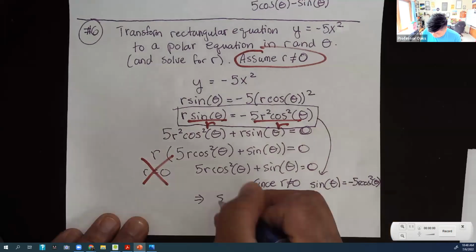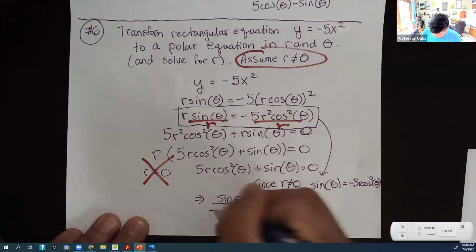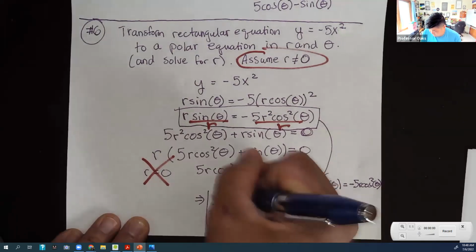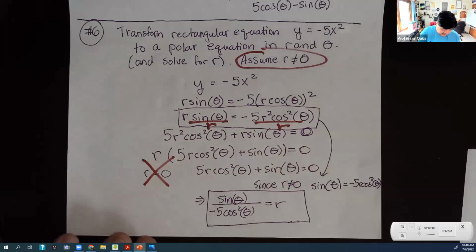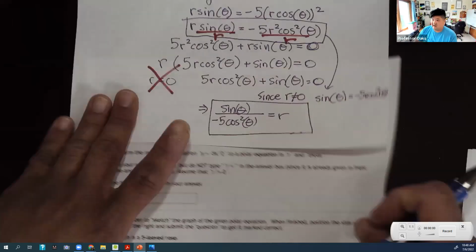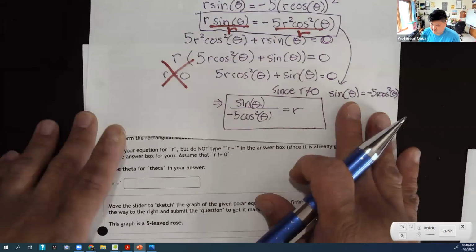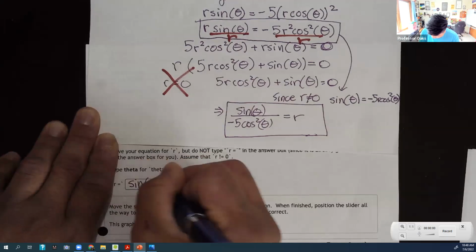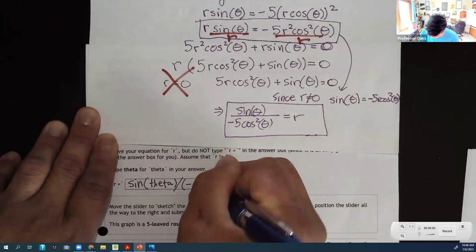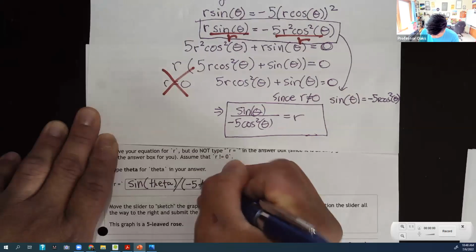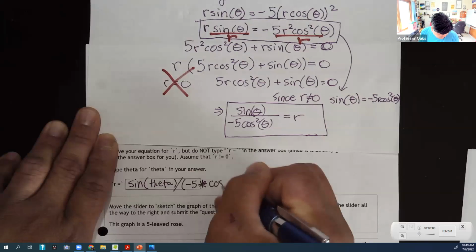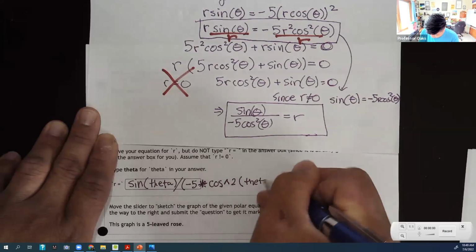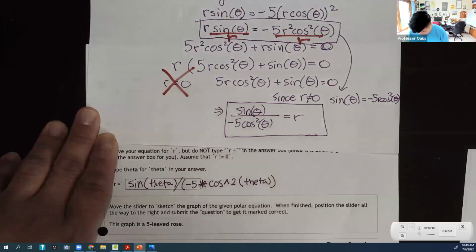So sine of theta over -5 cosine squared theta is equal to r, and that would be your answer. You can simplify that using identities if you want, but I would probably just leave it like that: sine of theta divided by -5 times cosine squared theta, and leave your answer like that.